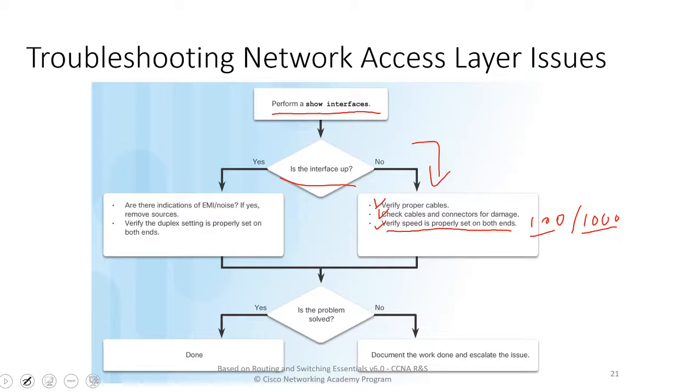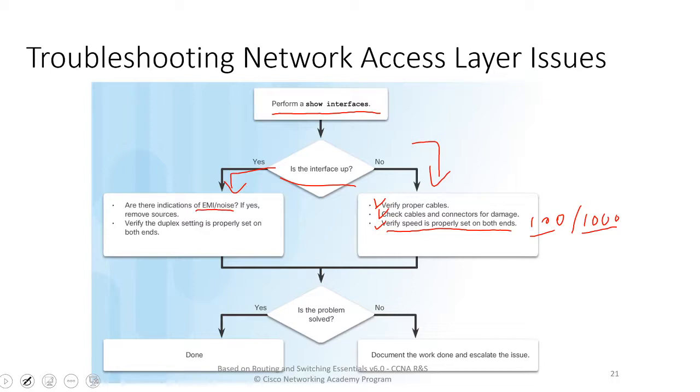If the physical connectivity is okay and the interface is up, then we may have to think about something else. We may sometimes encounter electromagnetic interference or noise in the cabling.